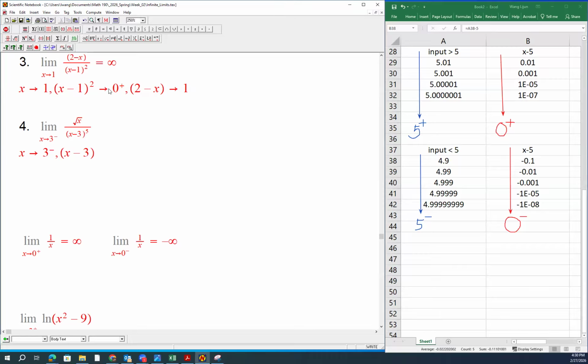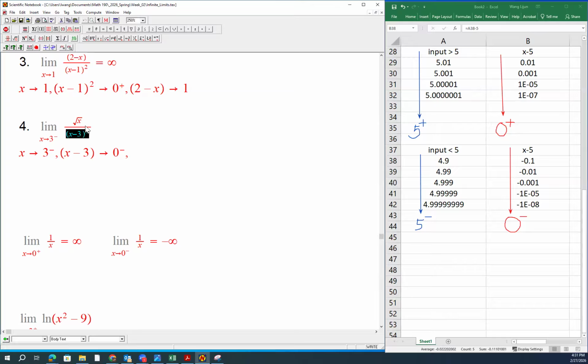X minus 3 is going to approach 0 from smaller than 0, because every x is less than 3. It's getting as close as possible to 3, but x is less than 3, so x minus 3 is going to be less than 0. So x minus 3 is approaching 0 from smaller than 0.